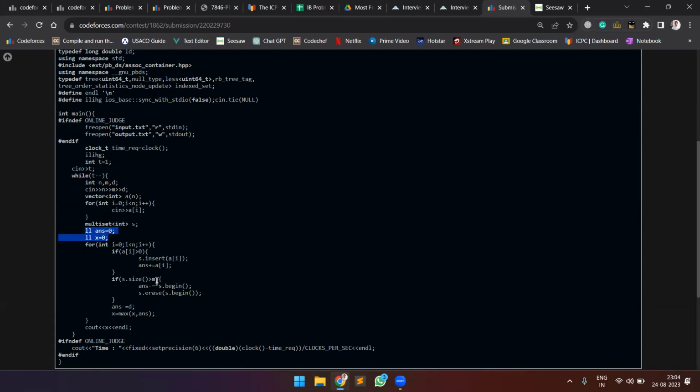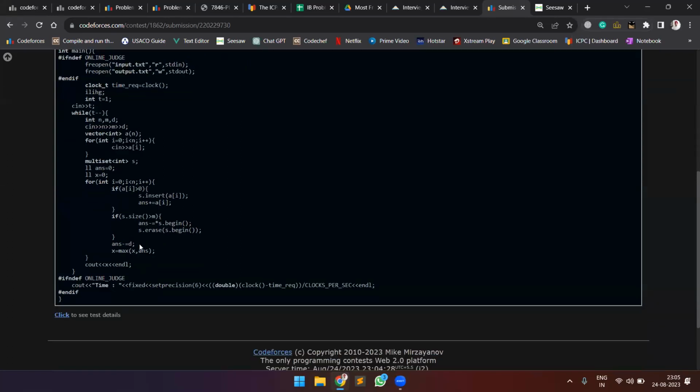If a of i is greater than 0, I put it into S and add the entertainment value into the answer. If the size exceeds m, I subtract the entertainment value of the first element from the answer, and I also remove it from the multiset.